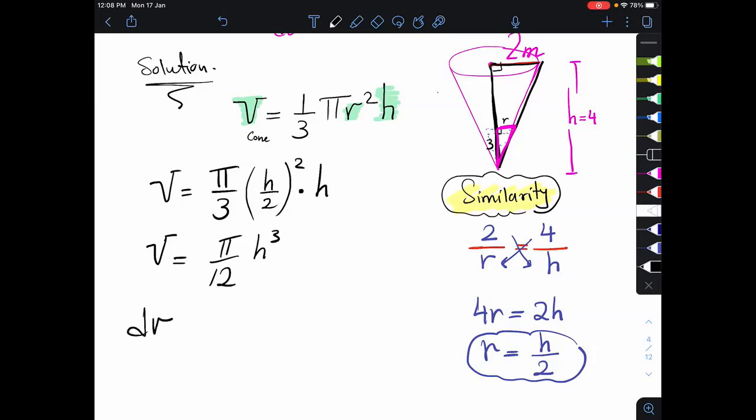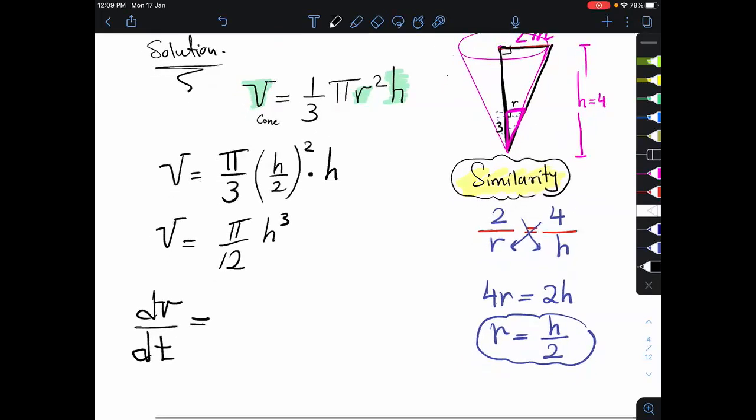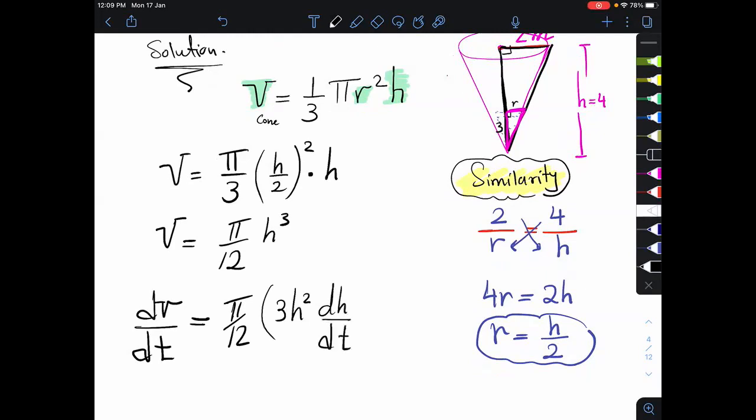Now differentiate both sides with respect to time. dv over dt equals pi over 12, a constant, 3.14 over 12, times 3h squared times dh over dt.